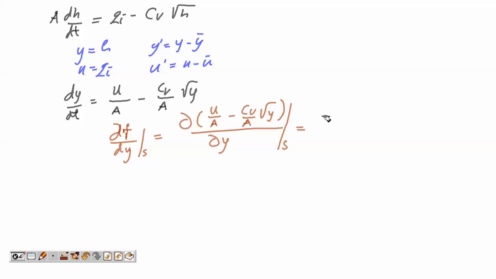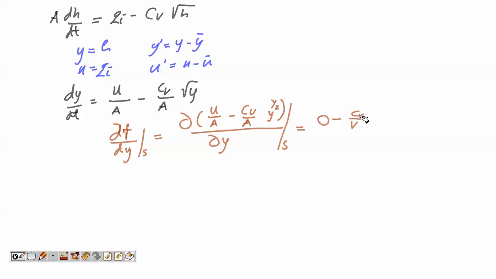The differential is 0 because there is no y variable here, and this part Cv over A is constant, and we have the y variable here, meaning that actually this is y to the power a half.